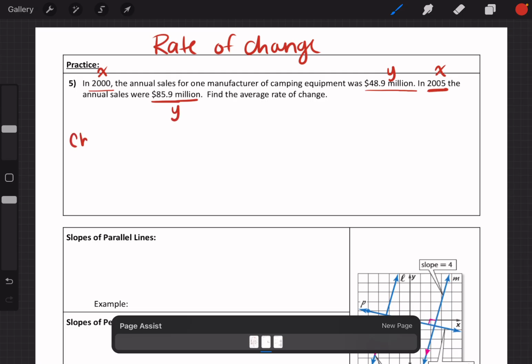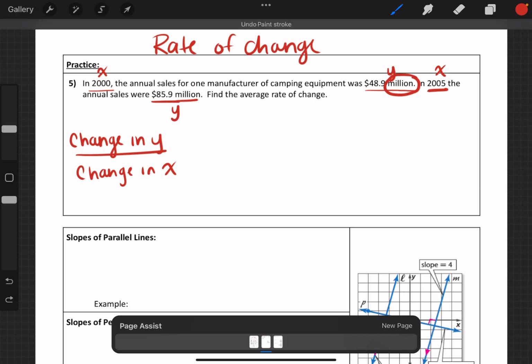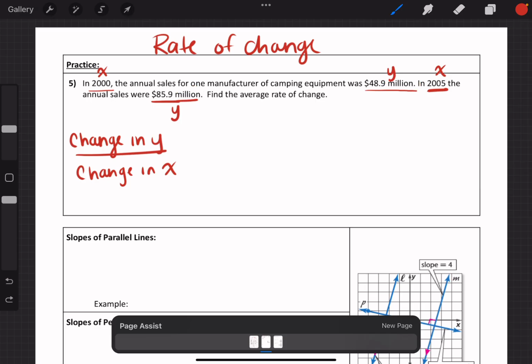So we're going to find that change in Y over change in X. Now, when it has the word millions, I am not going to plug in a whole bunch of zeros, okay? I'm just going to know that my answer is in millions. I'm going to do my change.